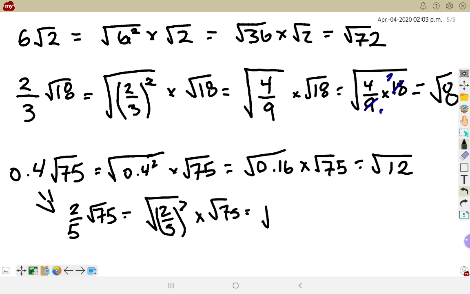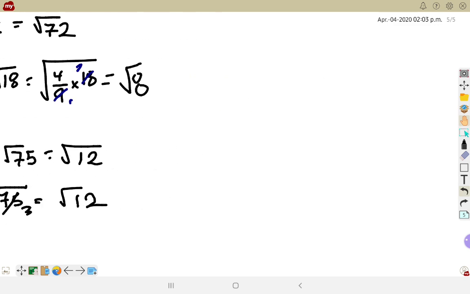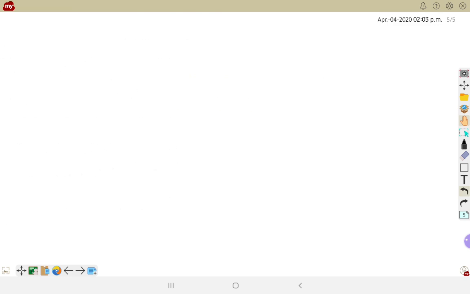That's the same thing as the square root of 4 over 25 times 75, all under that radical sign. Using my cross reducing, that becomes a 3 and a 1, and I get the square root of 12. Okay, so again, up to you how you want to do it, but I would probably change my decimal to a fraction if I could, so then I can avoid using the calculator. All right, one last one.